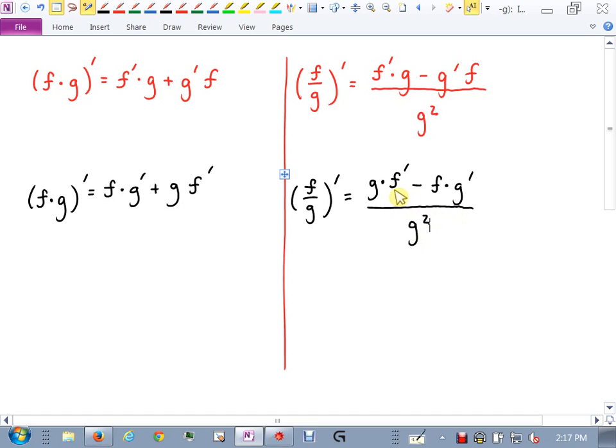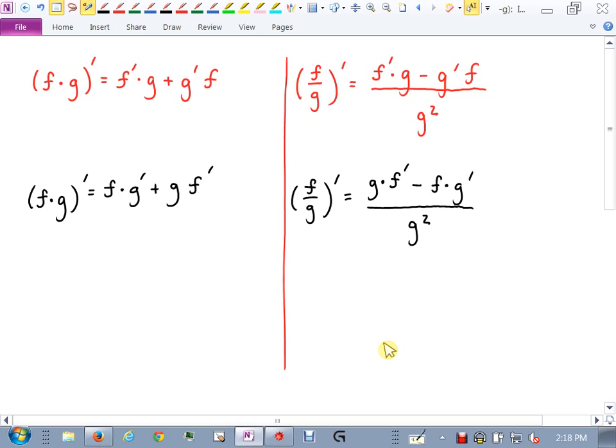Are our two answers the same here? Well, they have gf prime, I have f prime g. That's exactly the same. It's multiplication, so I can switch the order. They have minus, I have minus. They have fg prime, I have g prime f. Same thing, over g squared.